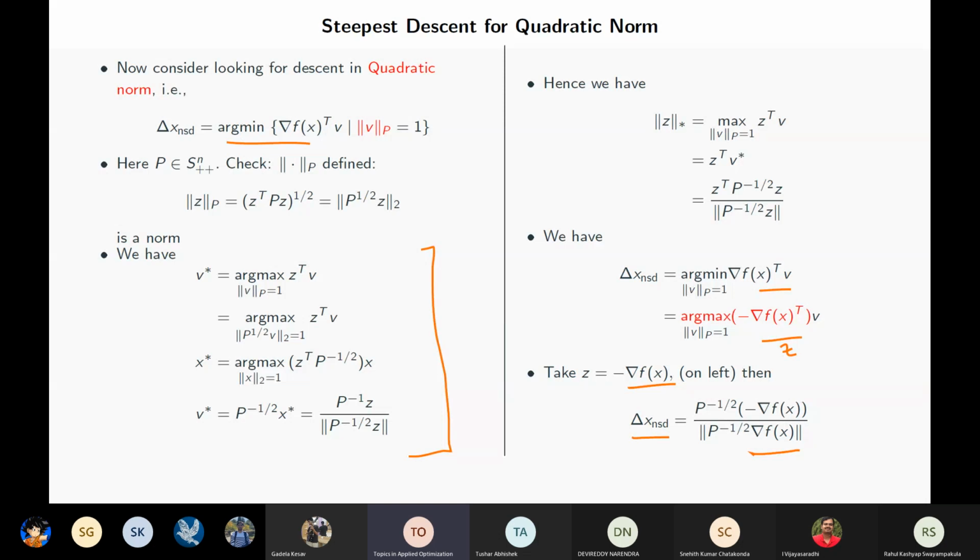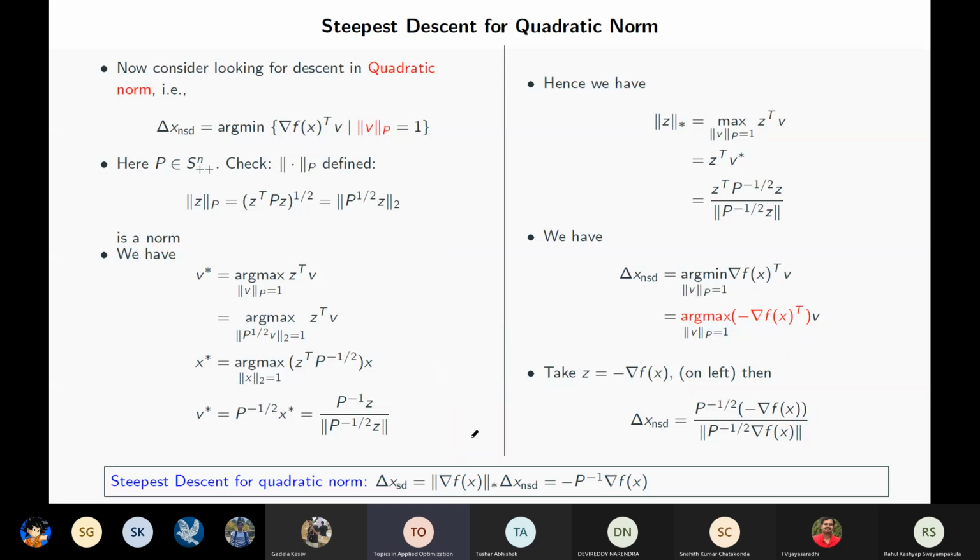Right. So finally, what we can conclude is, so we know this always, right? So delta x SD, that's the actual descent in the algorithm that we need. It will be dual norm of grad fx star. So I mean the dual norm of grad fx, delta x NSD that we found here. So if I multiply, if I have this, where will I get this?